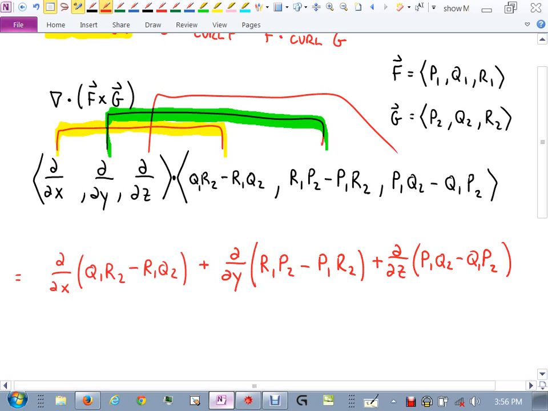Yes? Now, when I take the derivative of this one, what will I have to do? Product rule. I will have to apply a product rule to this. That's the tricky part. So let me just keep writing here.